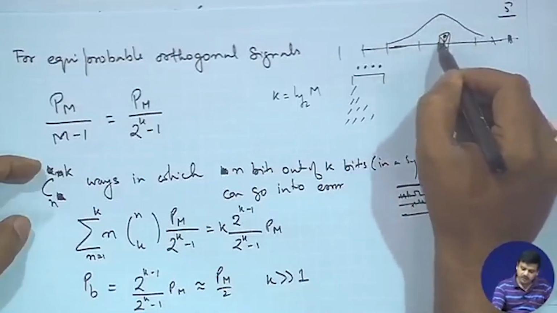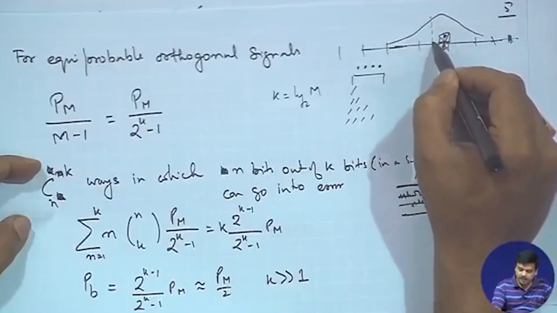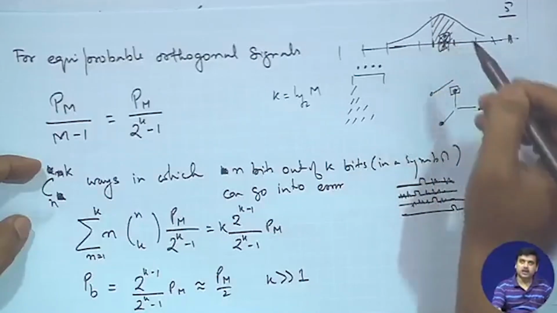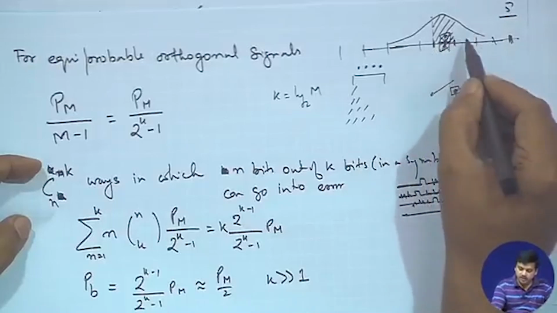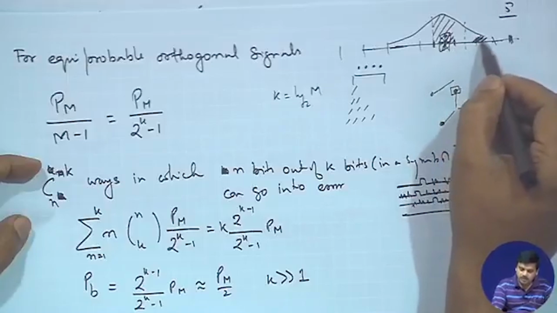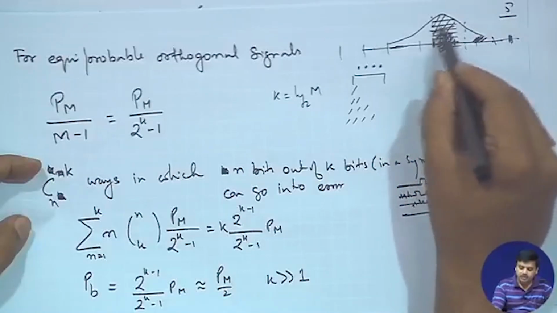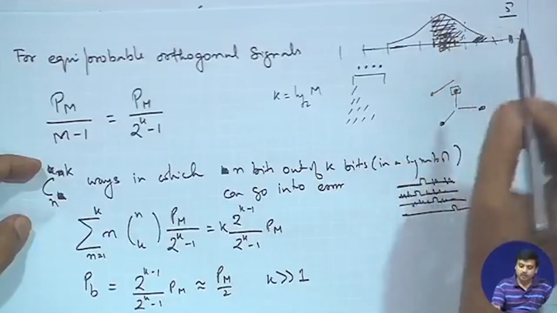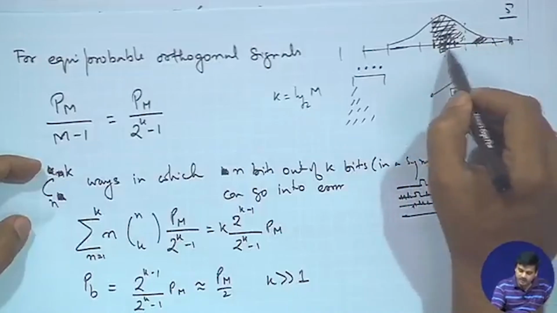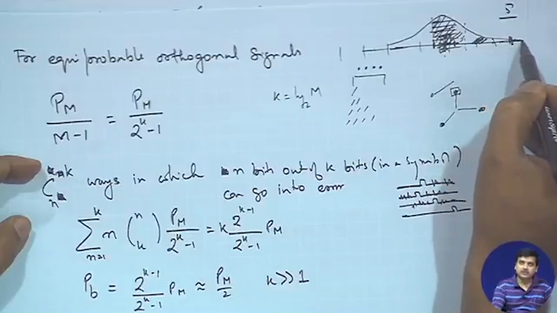That means, given that you have sent this symbol, probability of the received signal lying in this range is area under this curve, which is pretty large. Probability of this signal lying, let us say, in this range is much smaller compared to probability of the signal lying in this decision interval, right. So, that means probability of this signal being detected as this is even less, because the PDF falls, area under this curve is even less, right.